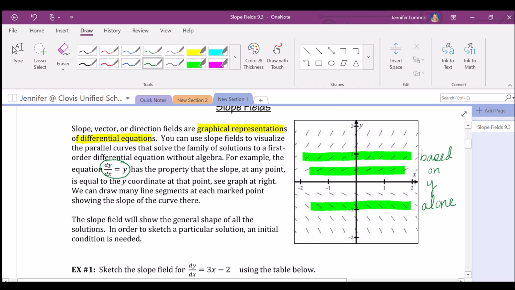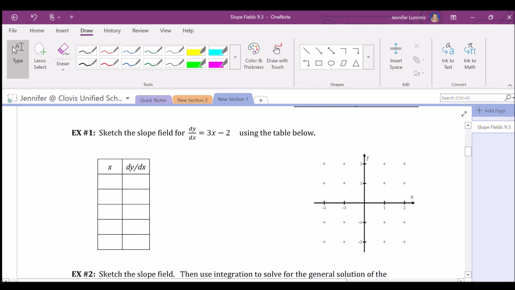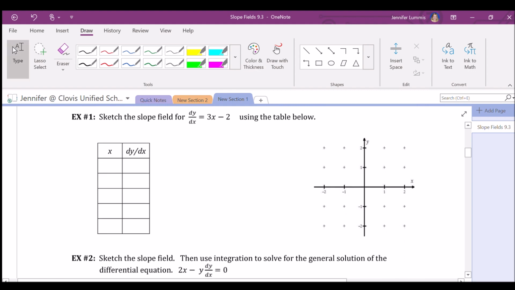All right, so what we're going to do to learn how these work is we have a table here on the left. If you don't have one, you can always create a table, and we're going to plug in some things. My equation here is only based on x in this problem. So you can see that dy/dx is equal to 3x minus 2.